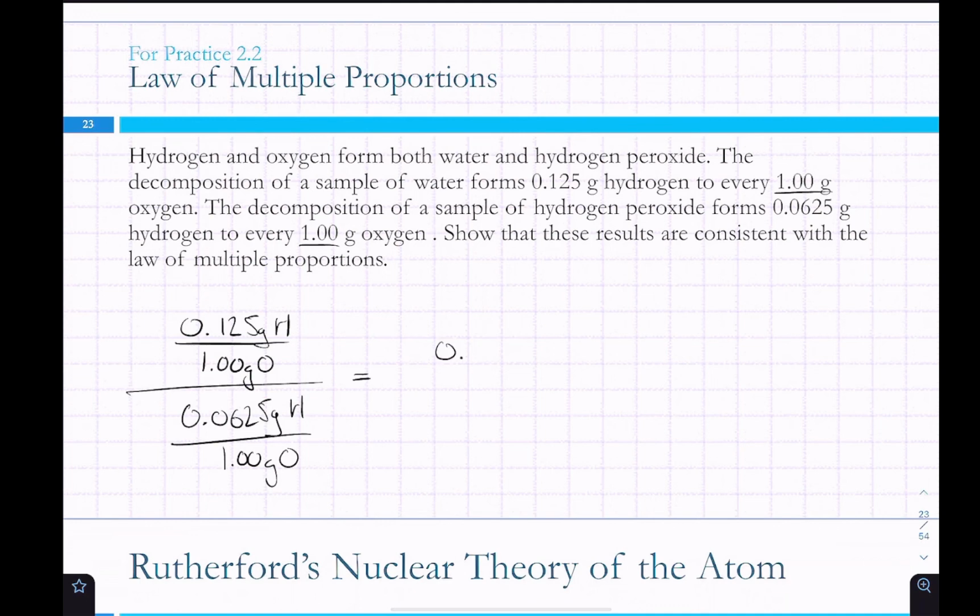So essentially we've got 0.125 divided by 0.0625, and that equals 2. So it is consistent.